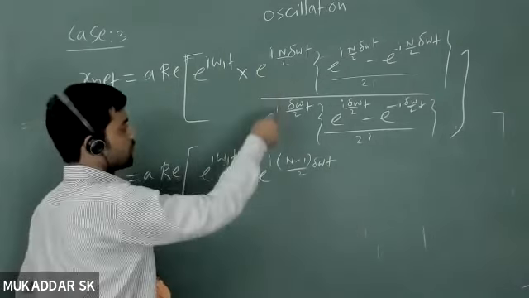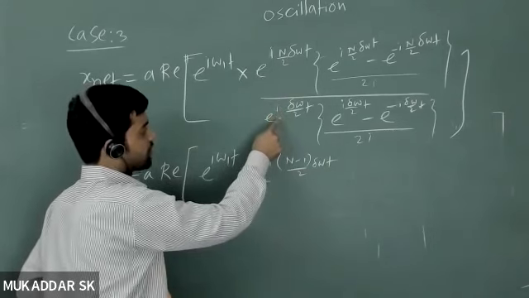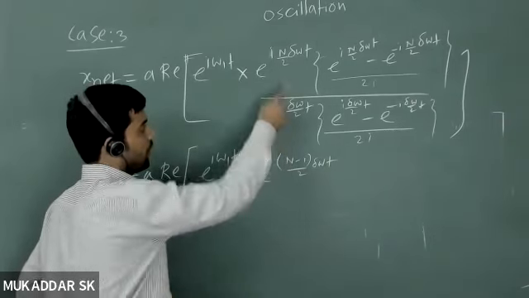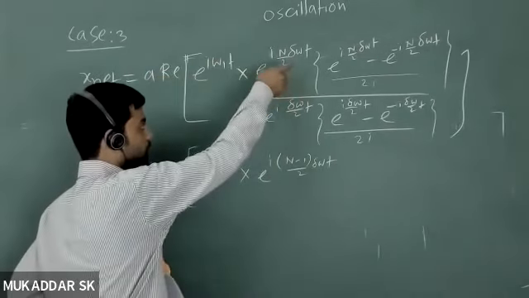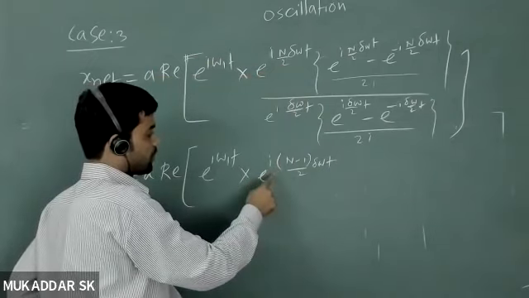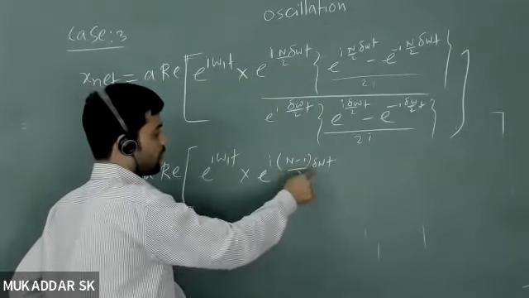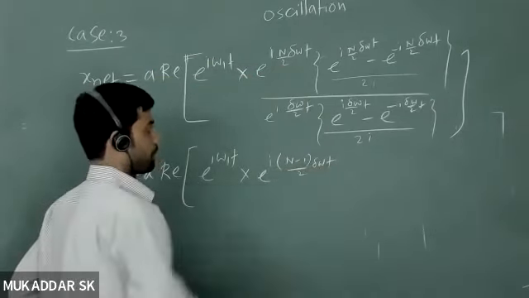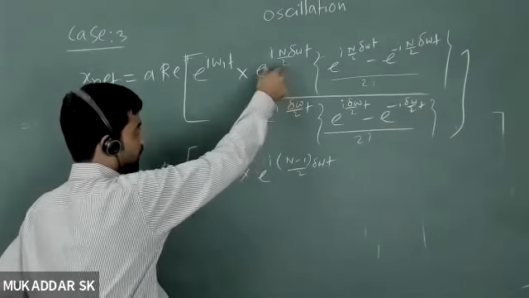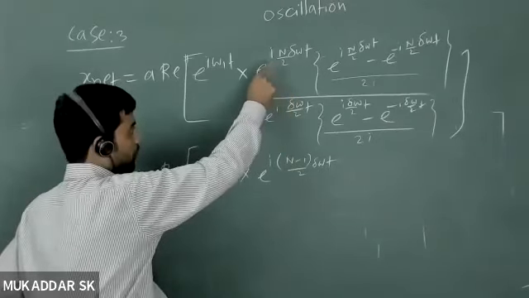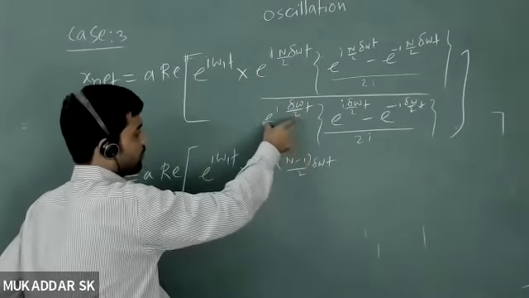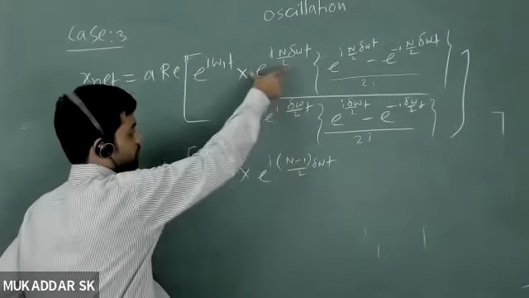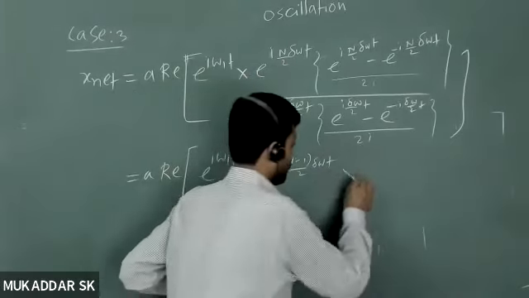If you bring this exponential i delta omega by 2 t to the upper side, it will become minus, right? Then if you add it with this term, it will become exponential i (n minus 1) by 2 into delta omega t. What I have done: I brought this exponential term to the upper side and added it with this term. So this minus 1 by 2 is actually this term, and n by 2 is actually this term.